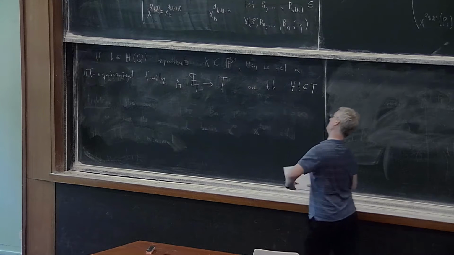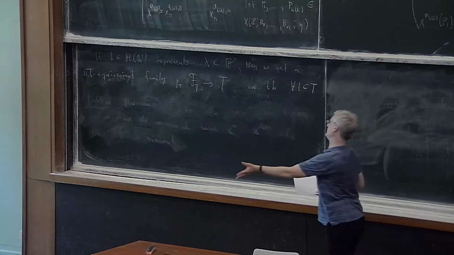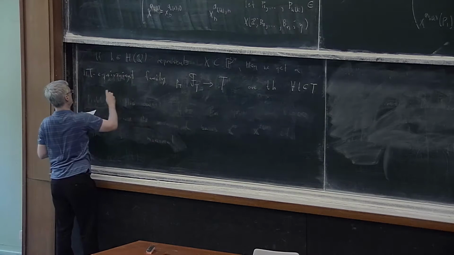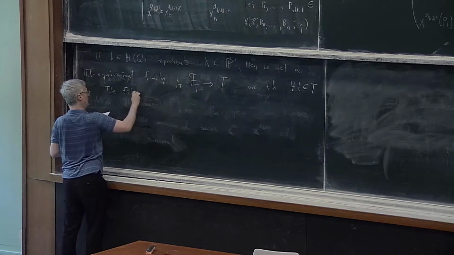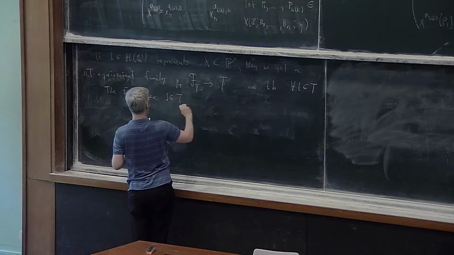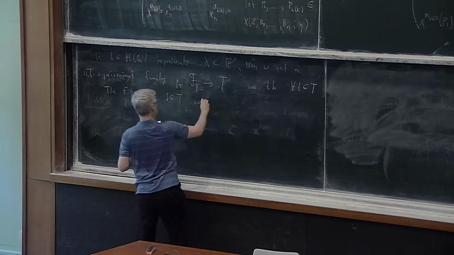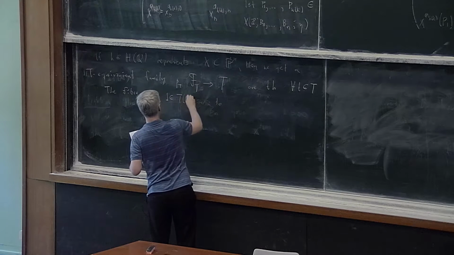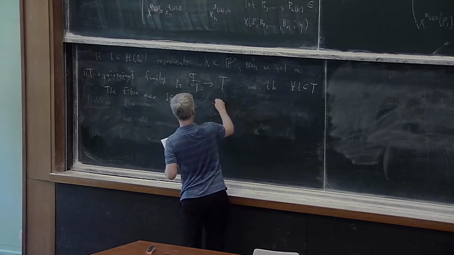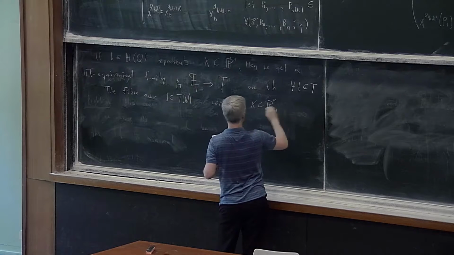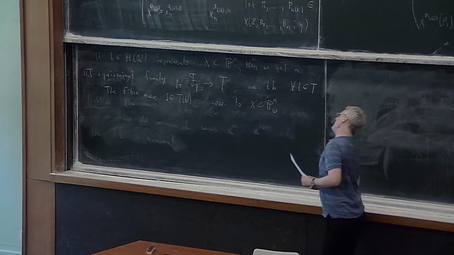So I let this act by T, and then the point 1 will correspond to X. So the fiber over 1 will correspond to X. So this is the first step.